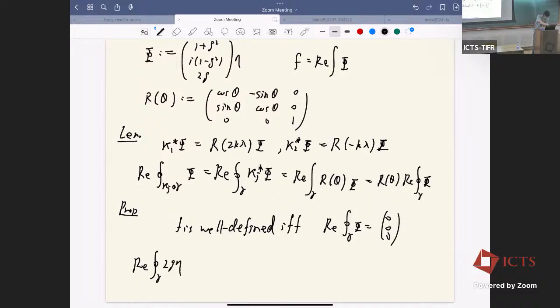And what is g? g is c z w. Then eta is dz over w. So 2g eta is dz over z just, okay?